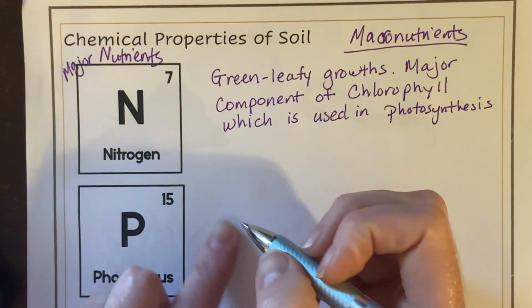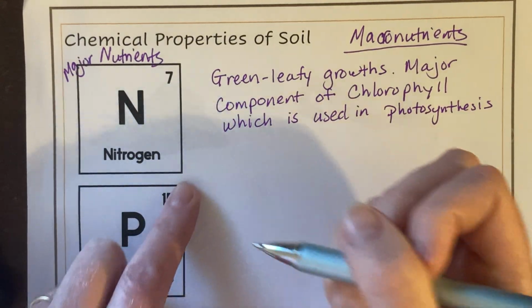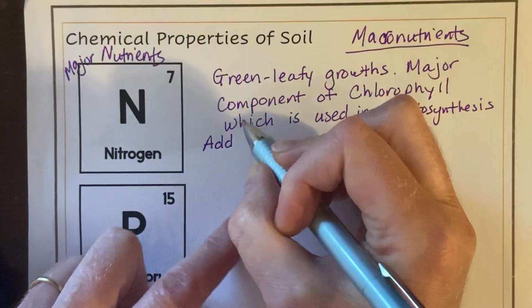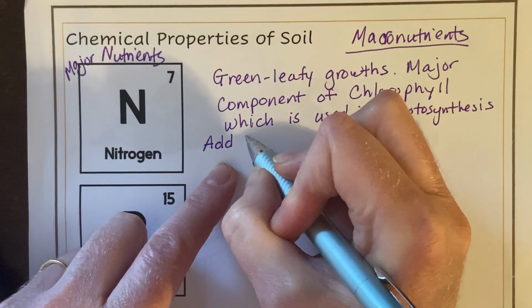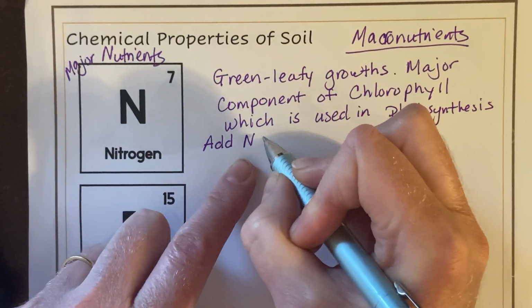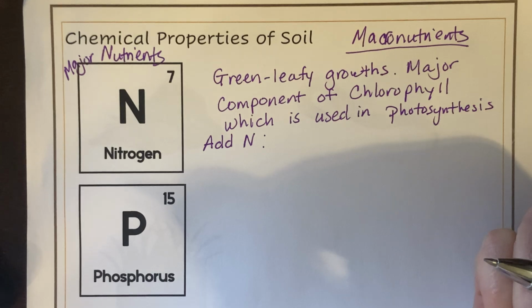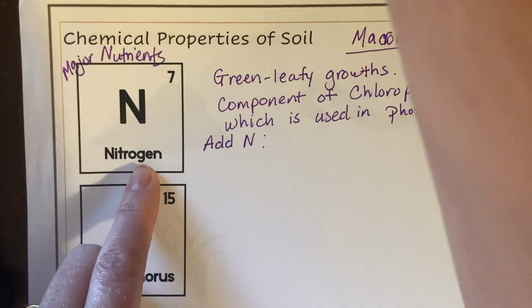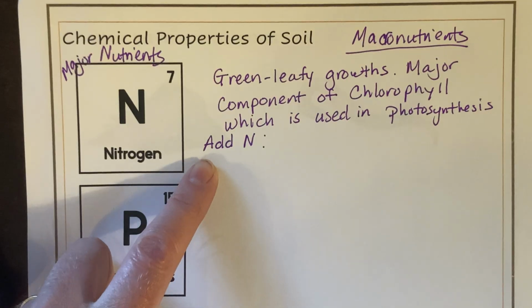You can add nitrogen naturally, or through synthetic fertilizers. We make synthetic nitrogen using the Haber-Bosch process, if you remember that.